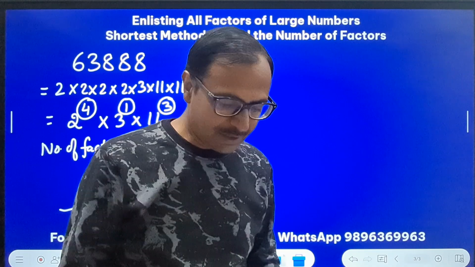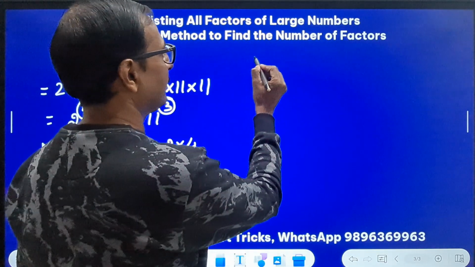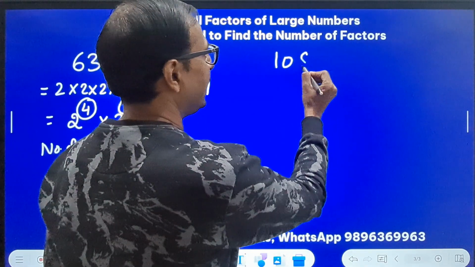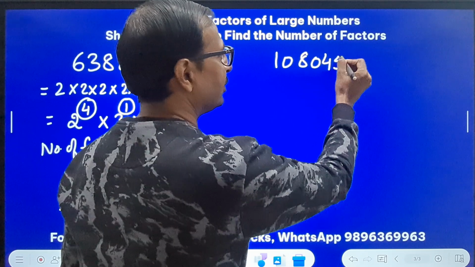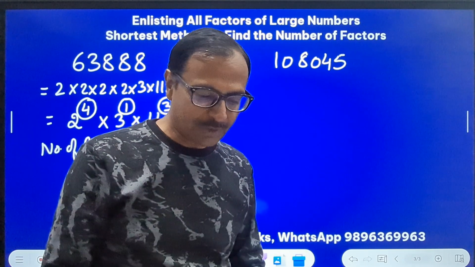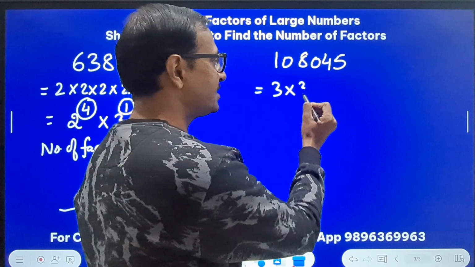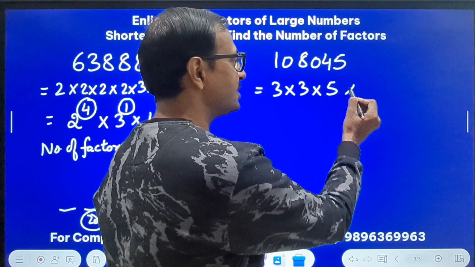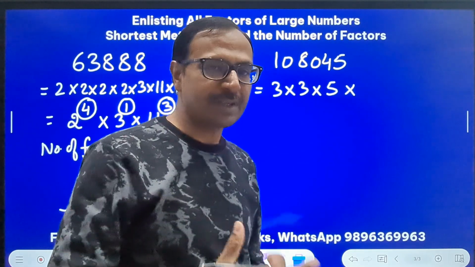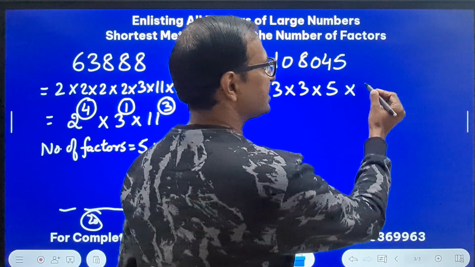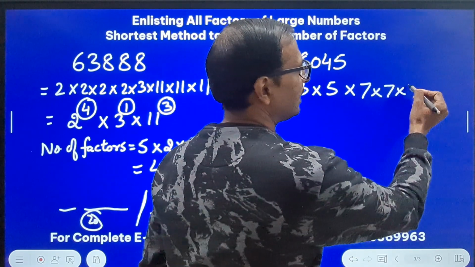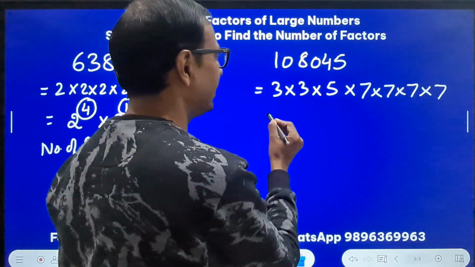And if you have a bigger number like 108045, you just need to make prime factors. Now that is the most important thing. So the prime factors for this are 3 times 3 times 5, which is 45, and further you have 7s. So 7 times 7 times 7 times 7. So you can find out the number of factors now.